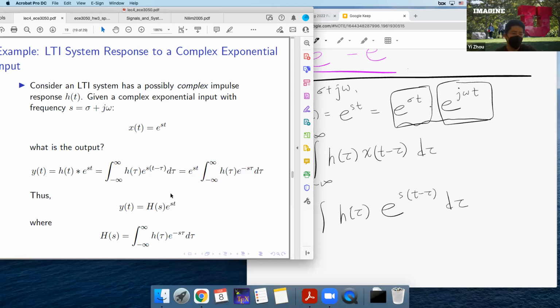To summarize, when we feed this type of input to the LTI system, the output is a scaled version of the input, basically the input multiplied by capital H(s). This frequency response is given by the impulse response of the system and the frequency we are looking at.